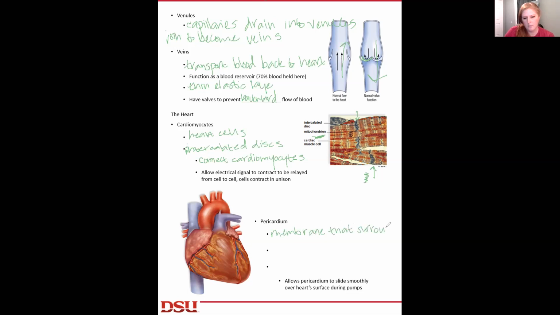The pericardium provides protection for the heart because there's usually a little bit of fluid secreted by the pericardium that cushions the heart. So you have the membrane that secretes this fluid, and then you have the heart. It adds an extra layer of protection and shock resistance, if you will, for the heart.